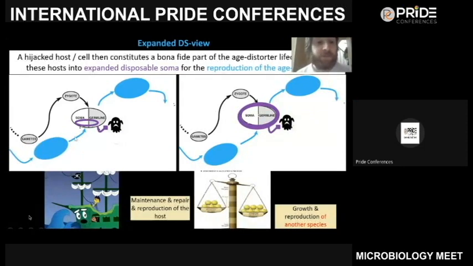The age disorder doesn't care, but what it will do is abandon the leftover, the part that is not under control, for the benefit of the reproduction of the age disorder. And when the age disorder is actually controlling the entire organism, it will use the entire body and treat it as a disposable soma for its own benefit. So the logic of the disposable soma, if you wish, is preserved with the age disorder approach, except what becomes a disposable body is now the body of the host.